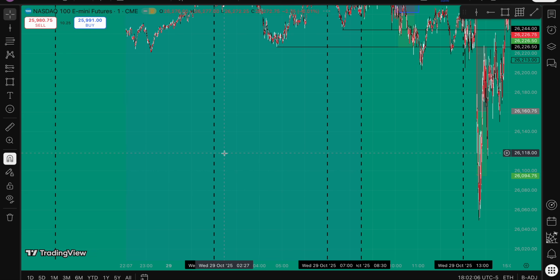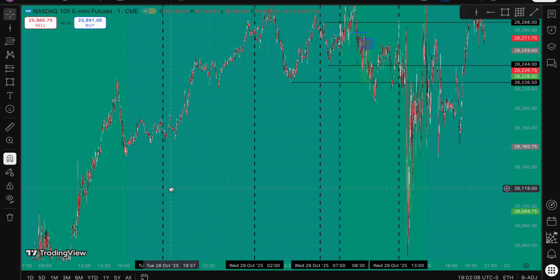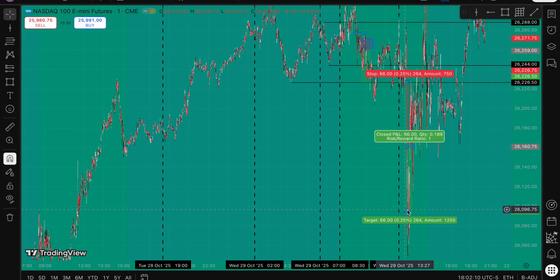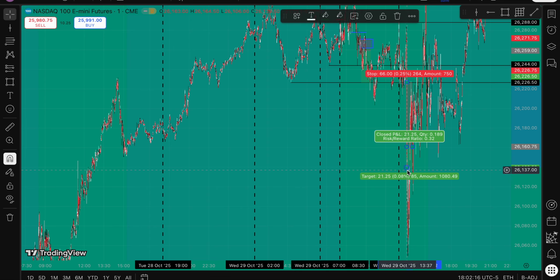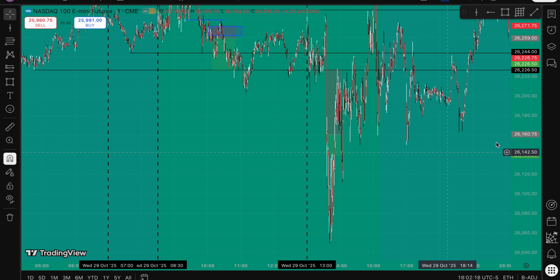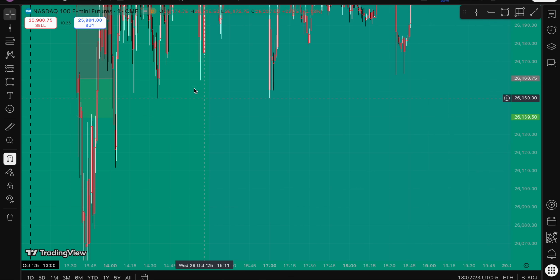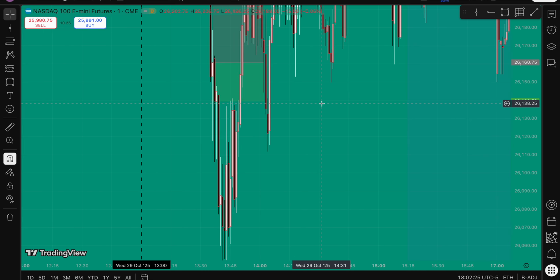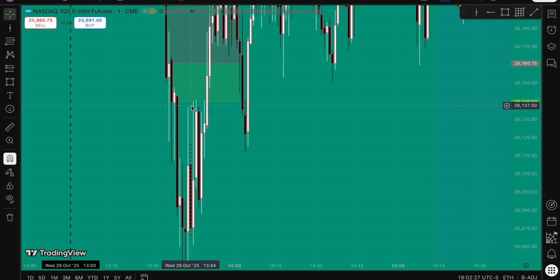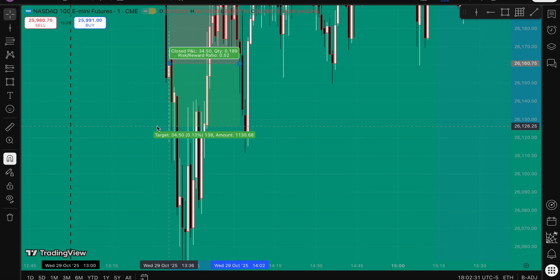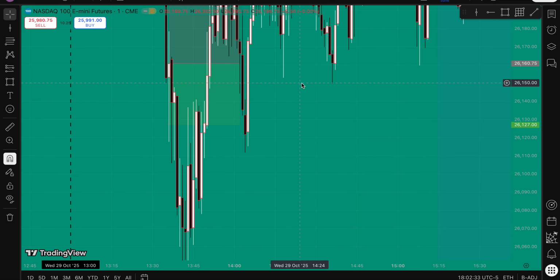And from these shorts, I targeted just a really recent draw on liquidity that we haven't hit yet. I believe that it was something like this. It was 10%. I remember. Yeah, I cashed out somewhere right here as this candle was dumping.